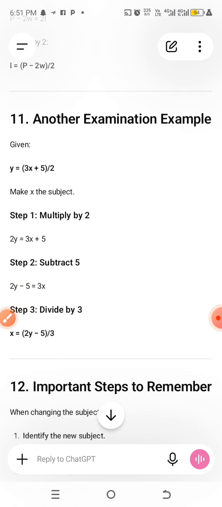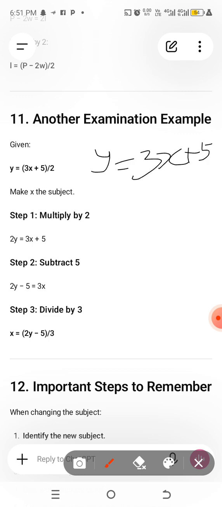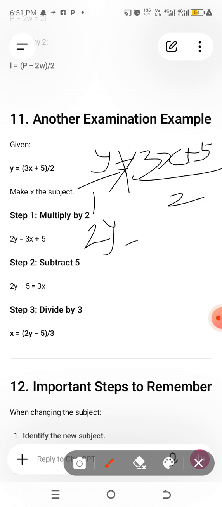Now let's look at another examination example. If they give us y equal to 3x plus 5 over 2, let's cross multiply. Cross multiplying means that this y is over 1, so y times 2 equal to 2y, right, equal to 3x plus 5.